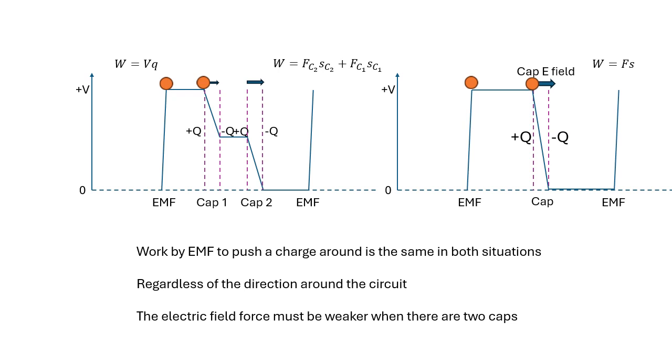What you can see is that the force that you apply in the two capacitor series has to be less, because these works must be equal. And if the force you apply is less, it must mean that the electric field is weaker in the two capacitors.